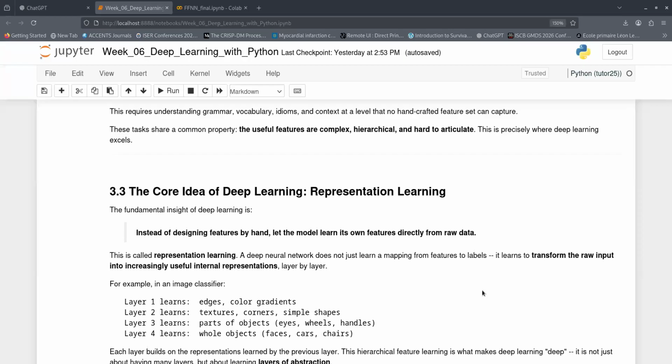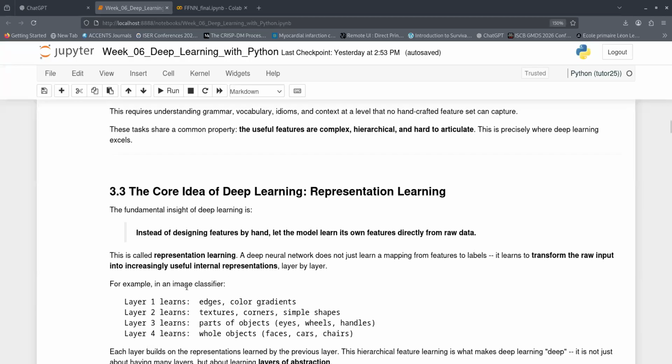Instead of designing features by hand, as we were doing in machine learning, which is feature engineering, this one is different. A deep learning network does not just learn a mapping from features to labels. It learns to transform the raw inputs into increasingly useful internal representations, layer by layer.